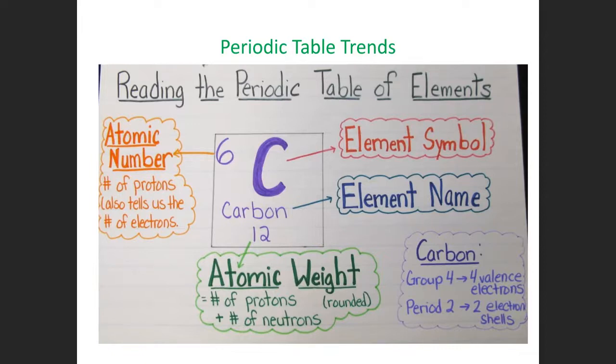If we were drawing the nucleus of carbon, I'll draw it down here, in the nucleus are 6 protons, which have a positive charge. Also found in the nucleus are the neutrons. How many neutrons do they have? 6.